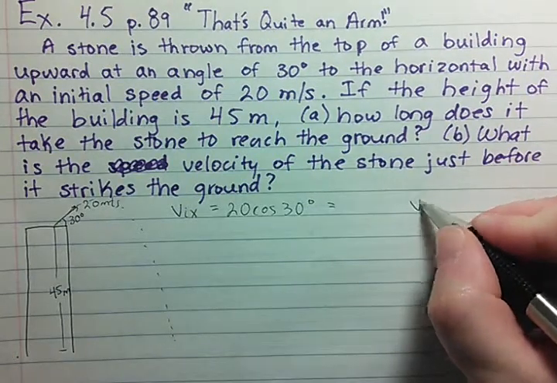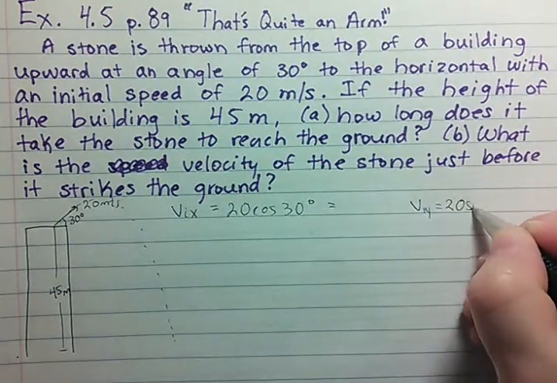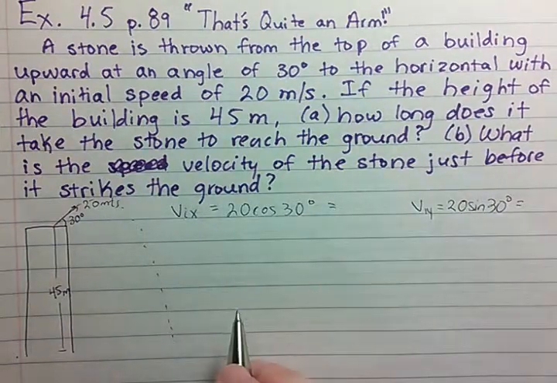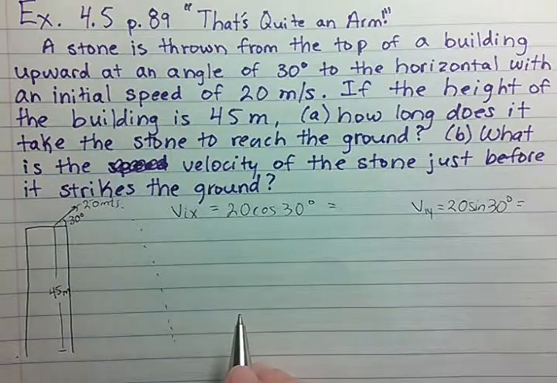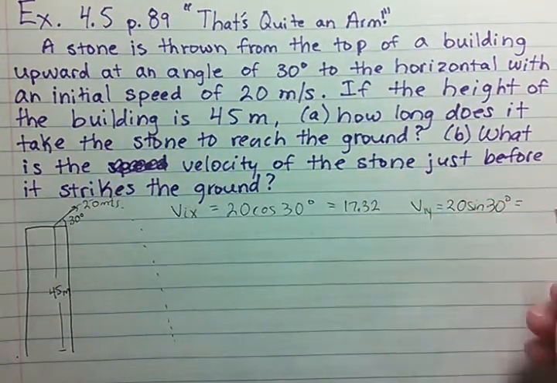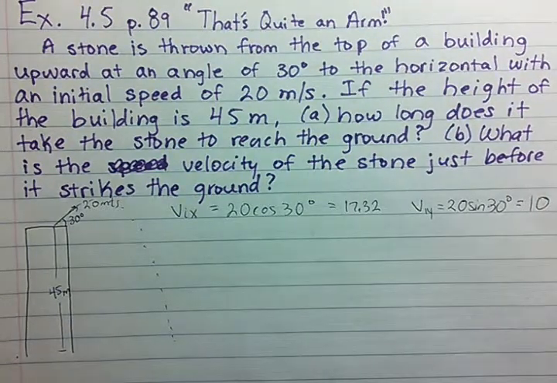And then in the y direction, it's going to be 20 sine 30 degrees. So let's plug those into our calculator. This is going to be 17.32, and this is going to be 10, and that's in meters per second.